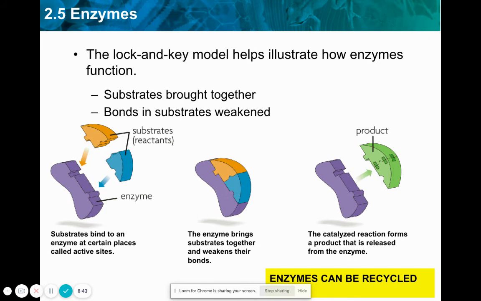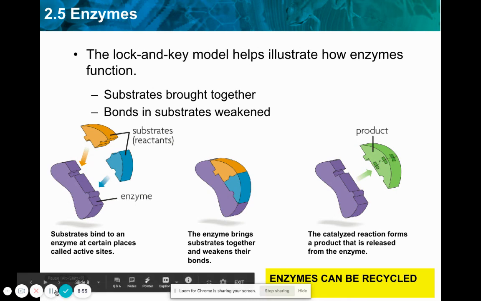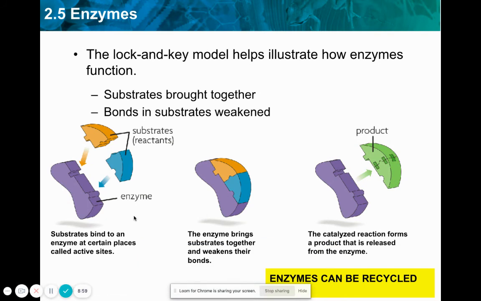The enzyme brings these reactants together at a much faster rate than they would on their own. The substrates are combined, chemical bonds form between them, and then finally we end up with a final product being formed.